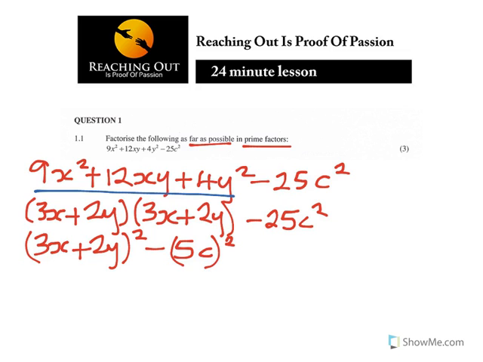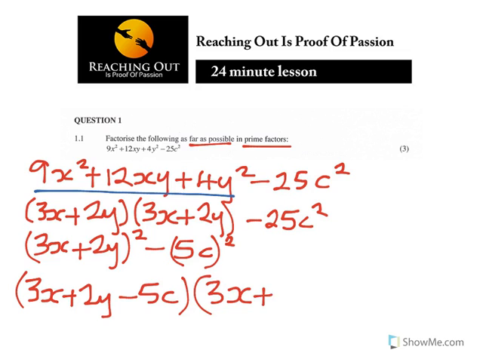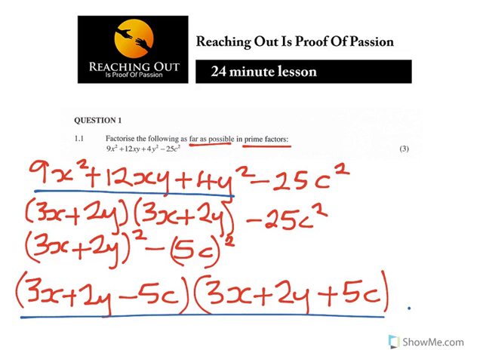So you have (3x plus 2y minus 5c) and (3x plus 2y plus 5c). So this was the final answer. As they mark you out of 3 marks, they will be marking the major sections of the two brackets, as well as recognizing that it is a difference of two squares.